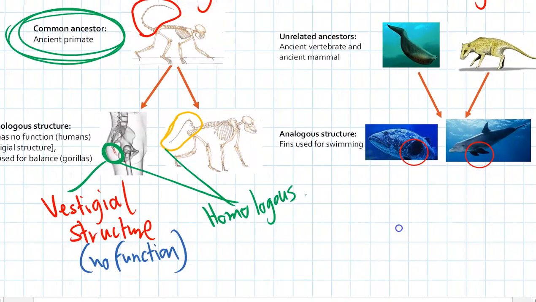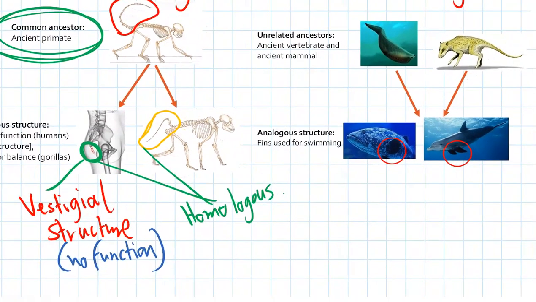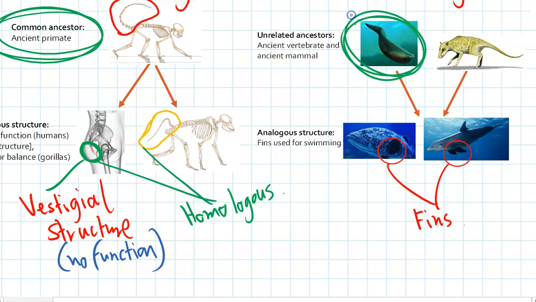And lastly, here's an example of some analogous structures. In fish and dolphins, they both have front fins. But for fish, well, their ancestor that's common is the very first vertebrates that had a backbone, and they didn't have fins.